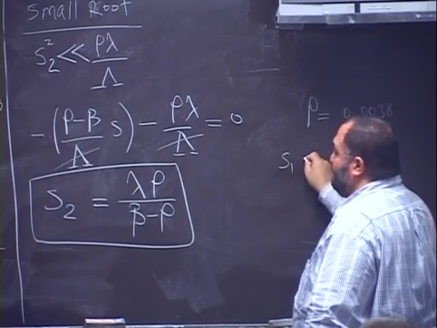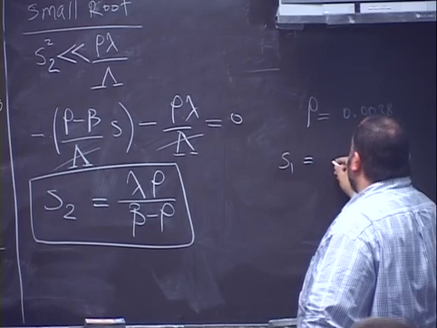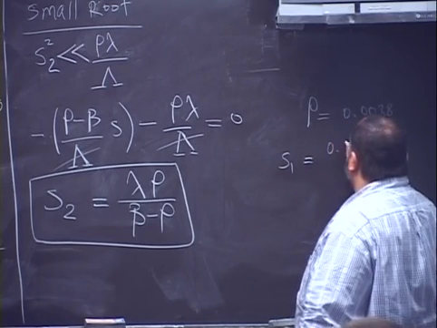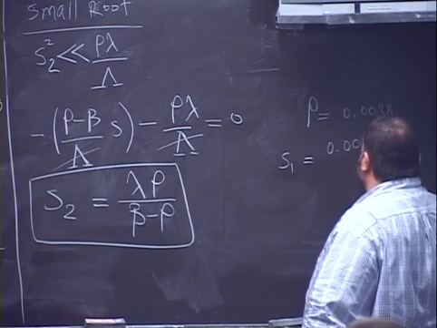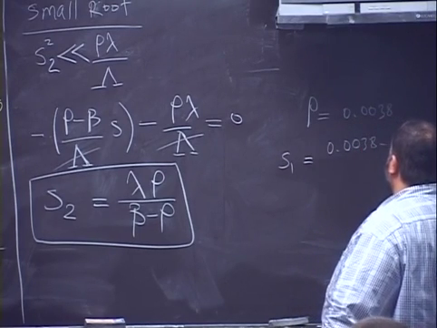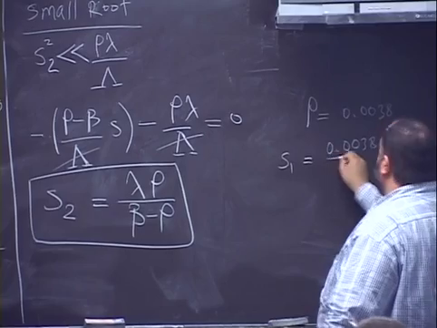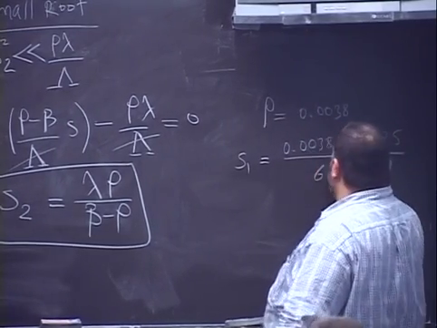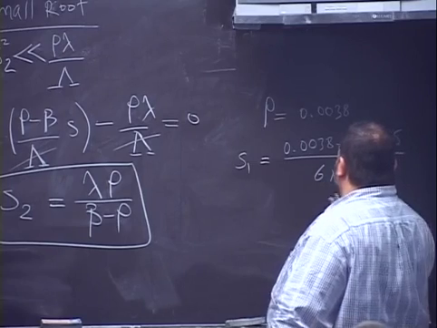S1 will be something like 0.0038 minus 0.0075 divided by, what's gamma? 6 10 to the power of minus 5.